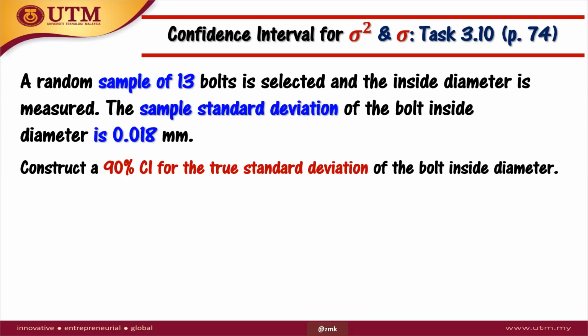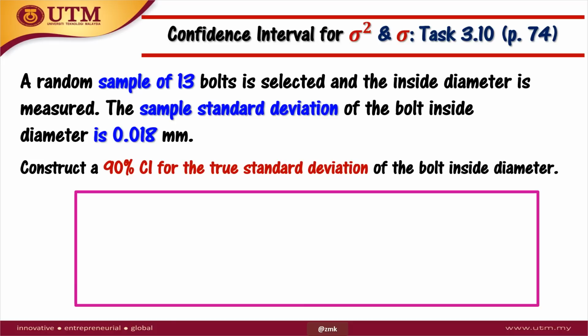Before answering this question, remember the 4 steps. First, recognize the information provided in the question. We can notice that we have a sample size n equals to 13 and the sample standard deviation s equal to 0.018 mm.